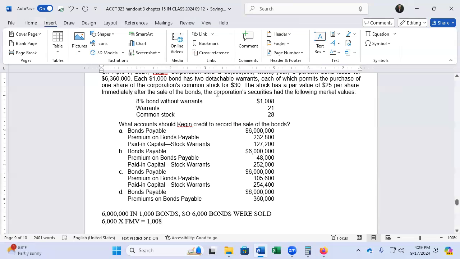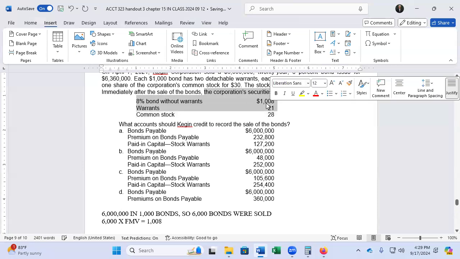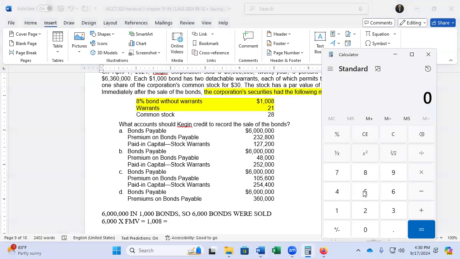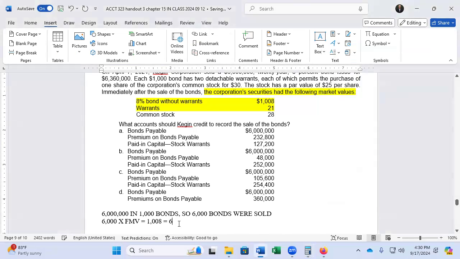This number given here, the company's securities had the following market values. And so that's 6,048,000. I just want to check. $6,048,000.